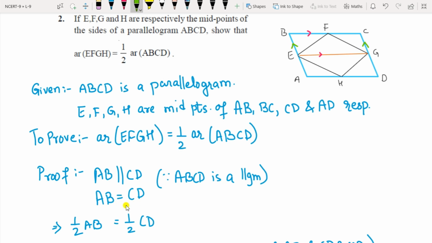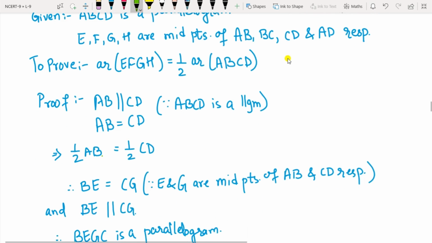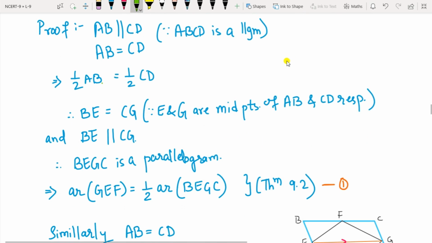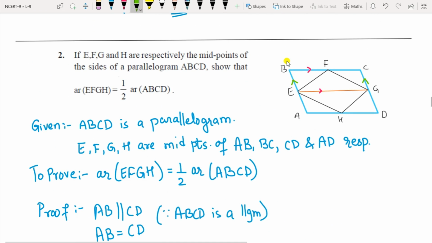Now multiply half on both sides, so half of AB will be equal to half of CD. Half of AB you can take as BE. So BE will be equal to CG, since E and G are the midpoints here. We are going to consider only the upper parallelogram. Therefore BE is parallel to CG. Since they are equal and parallel, therefore BEGC is a parallelogram.